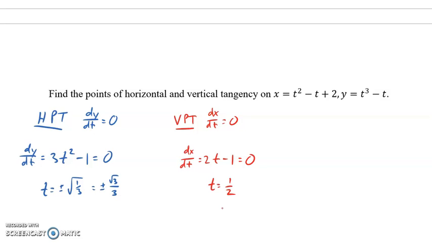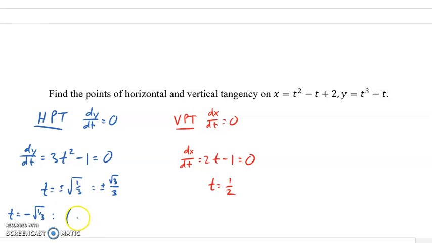So all we need to do is take those values and plug them in to solve for x and y. So if t equals, let's start with the negative square root of 1/3.